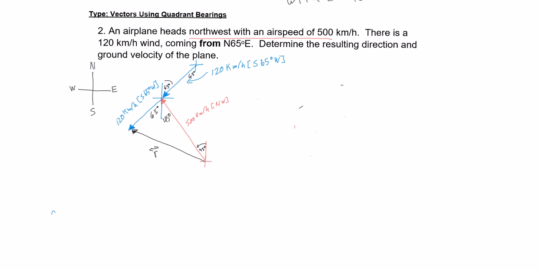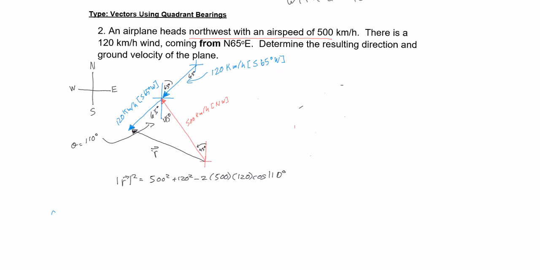Now, let us calculate R using cosine law. Now you'll notice that the angle that I came up with was 110. The reason why that was is because we added these two vectors, these two angles, which in essence turns out to be theta is equal to 110 degrees.